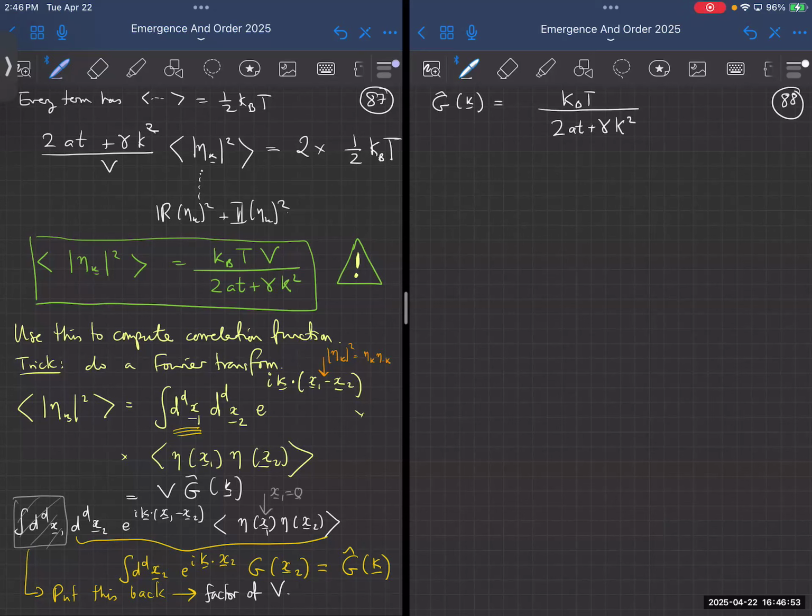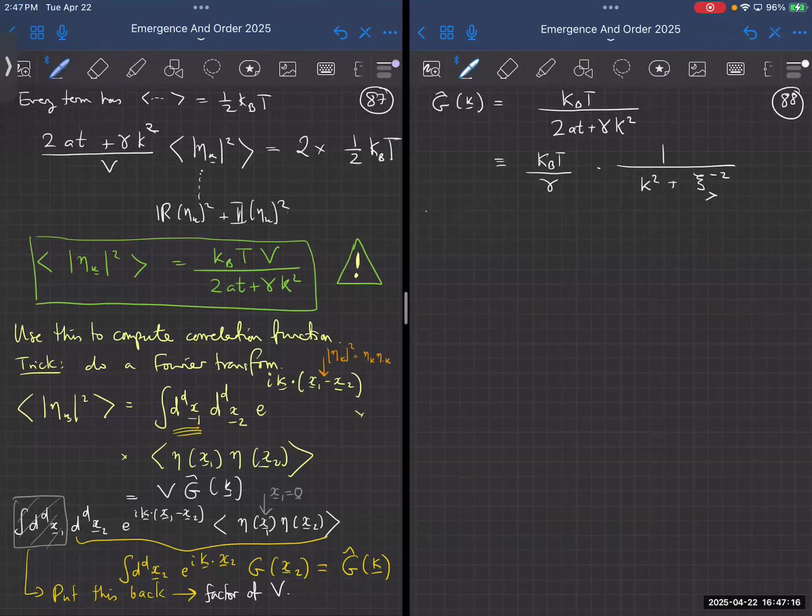So the factor of the V has gone. And I'm going to write this in the following form as kBT over gamma times 1 over k squared plus a variable, which I'm going to call psi to the minus 2.